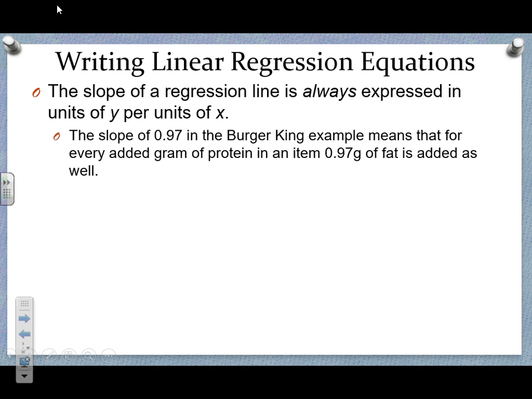So when you interpret slope, what you're basically trying to do is say, for every 1 unit increase in x, we see this change in y. So in our particular case, every 1 added gram of protein meant an added 0.97 grams of fat to a specific item.